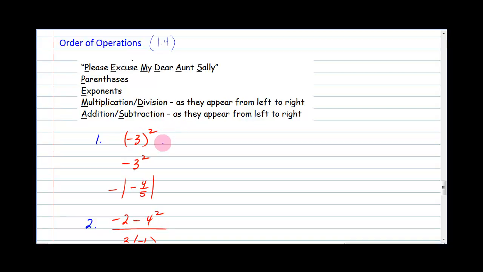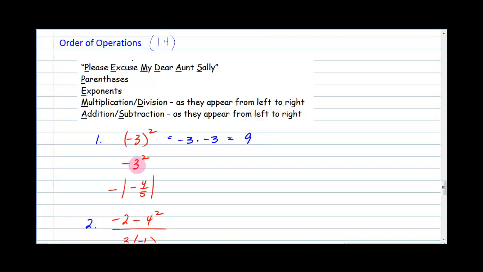Okay, let's go over first, though, exponents. If I had, for example, -3 raised to the second power, writing something as an exponent is a shorthand form of writing repeated multiplication. This is really saying -3 times -3, because I'm doing it twice, and I know that's +9.